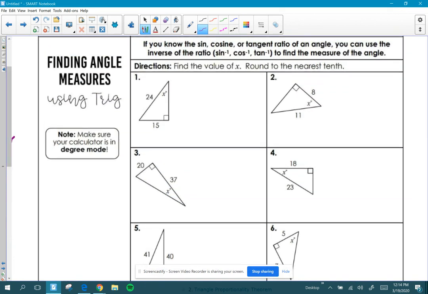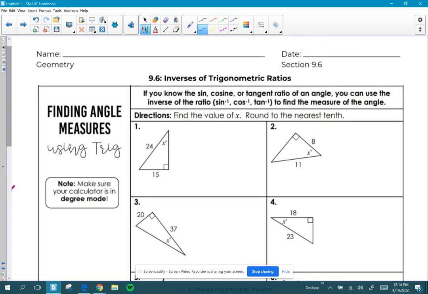If you look at these top examples, we're not looking for a side anymore. We have 2 of the sides. What we're looking for is that angle. Now, in order to do this, we have to use the inverse trig ratios. So basically, following this little blurb, it says if you know the sine, cosine, or tangent of any angle, you can use the inverse of the ratio to find the measure of the angle.